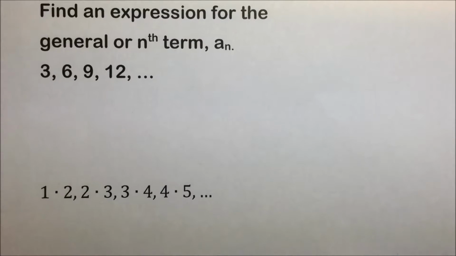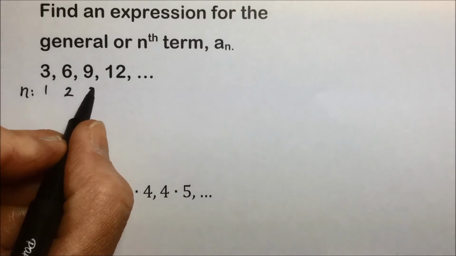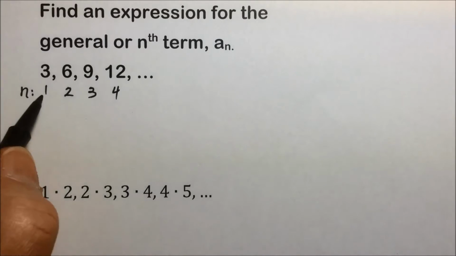So it's helpful if we write the term number. This is the first, the second, the third, and the fourth, and determine what they're doing to that term number to generate this sequence. There is no unique answer, but it's best oftentimes to just keep it simple without adding a lot of extra steps that may cause confusion down the road.